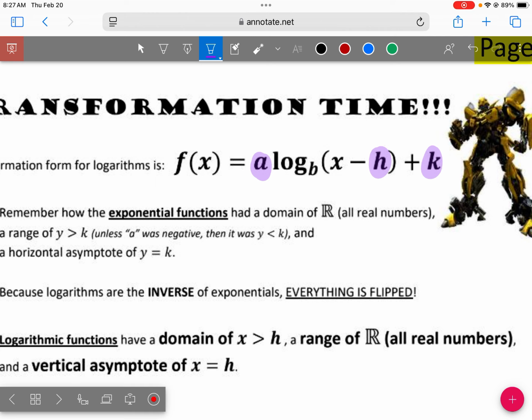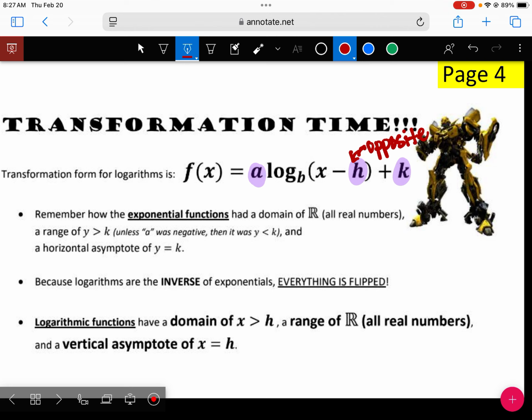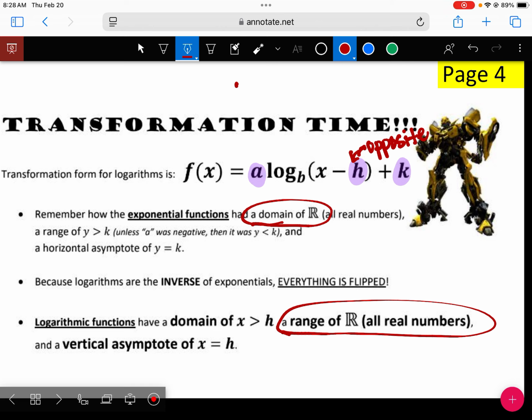H is still opposite, though. K is in the back. So remember for the test you took yesterday, if it was exponential, you had a domain of all real numbers. Now it's going to be the range that's all real numbers because it flip-flops.